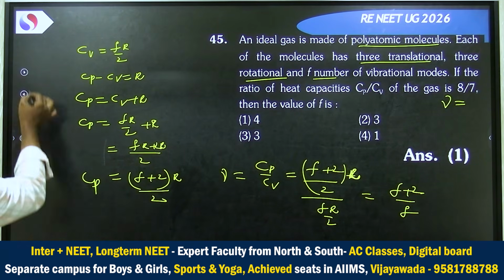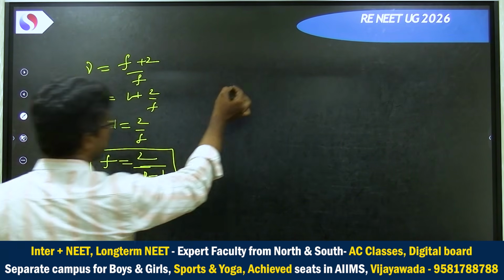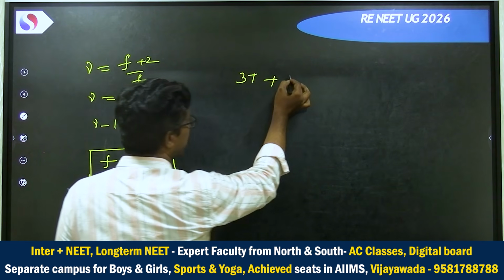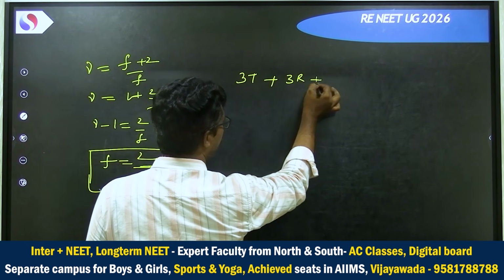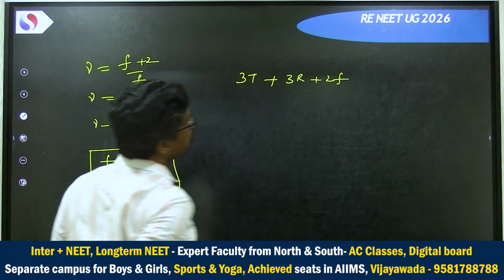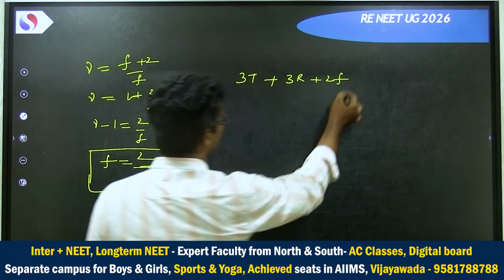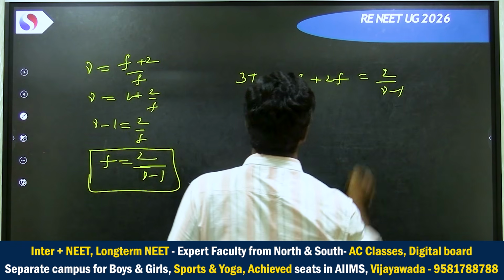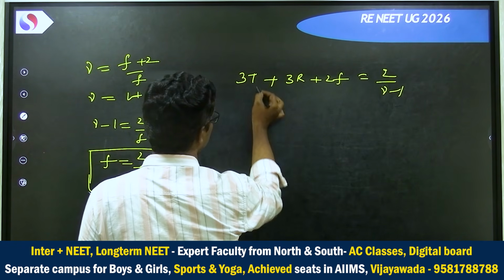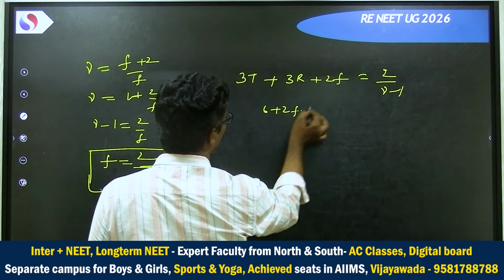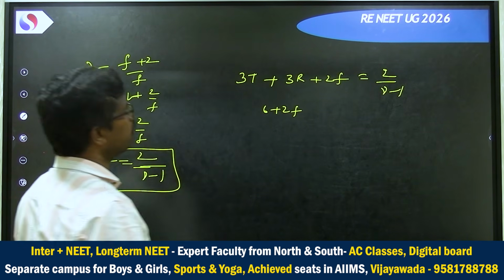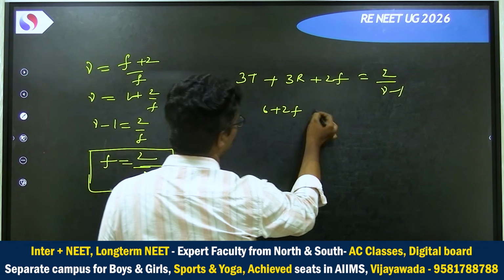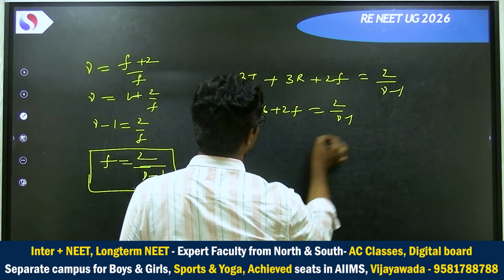For 3 translational modes, 3 rotational modes plus f vibrational modes, this is equal to 2 by gamma minus 1. Totally it is 6 plus 2f. Why do you have to write 2f here? One is potential energy, another one is kinetic energy. That's why you have to write 2f. That is equal to 2 by gamma minus 1.